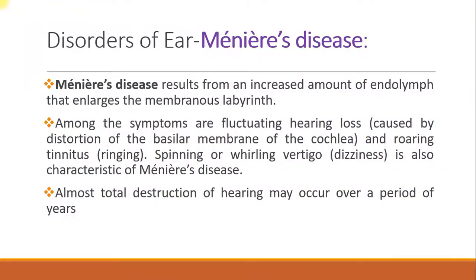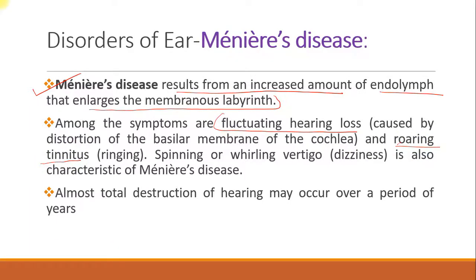Now, for disorders of the ear, we are going to see only two: the first is Meniere's disease and the second is otitis media. Let's see what Meniere's disease is. It results from an increased amount of endolymph, which enlarges the membranous labyrinth. Symptoms include fluctuating hearing loss, caused by distortion of the basilar membrane of the cochlea, and roaring tinnitus.